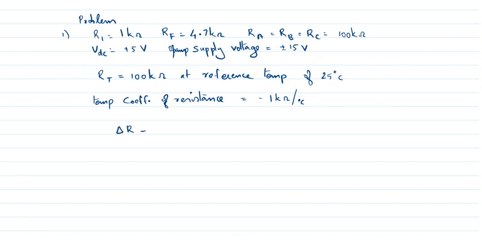The equation that we use to find delta R will be temperature coefficient of resistance into final temperature minus initial temperature.